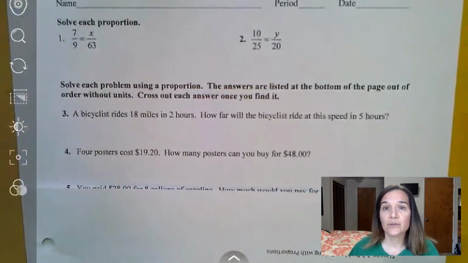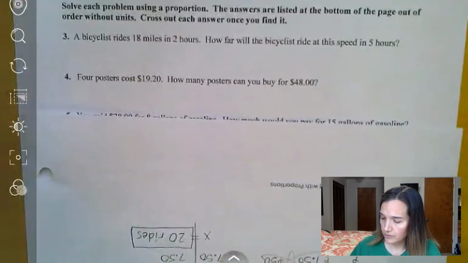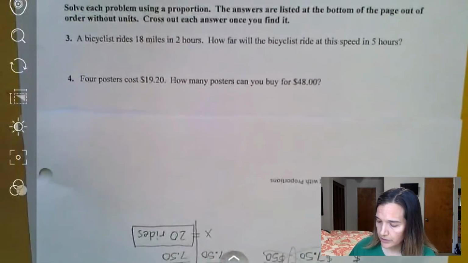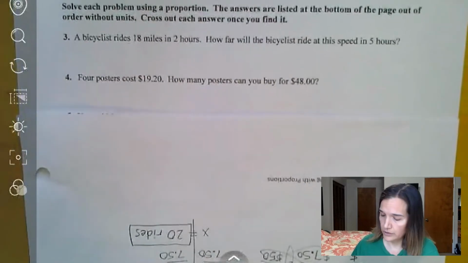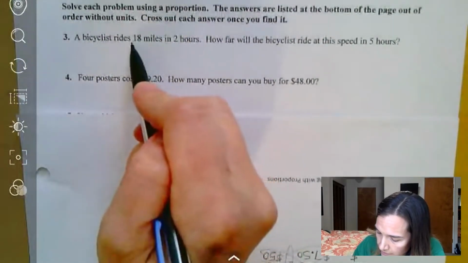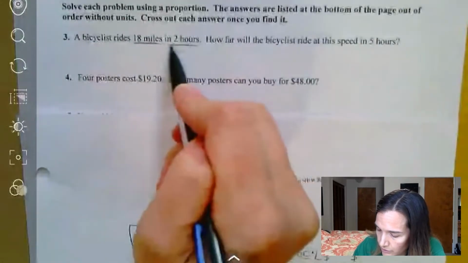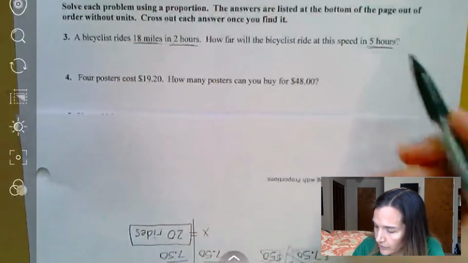Okay, so what we have here is a bicyclist rides 18 miles in 2 hours. How far will the bicyclist ride at this speed in 5 hours? Well, again, units, 18 miles, 2 hours, over here, 5 hours.